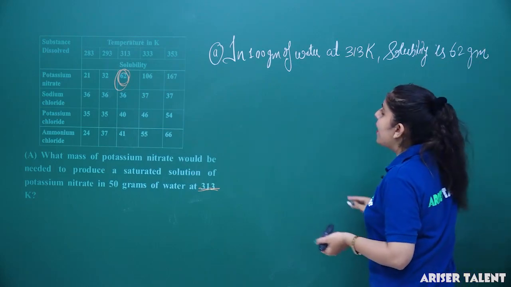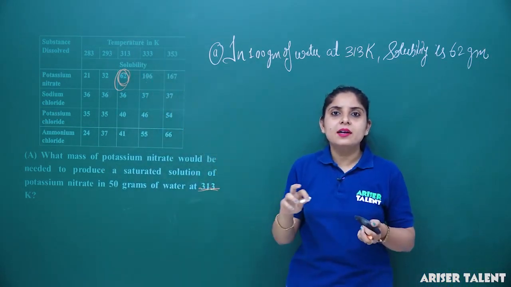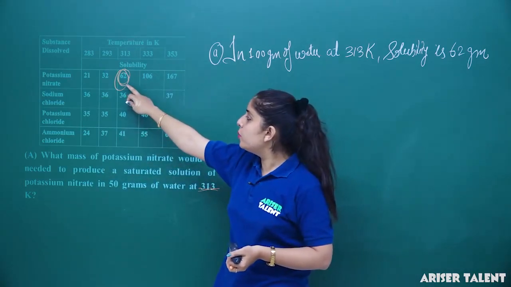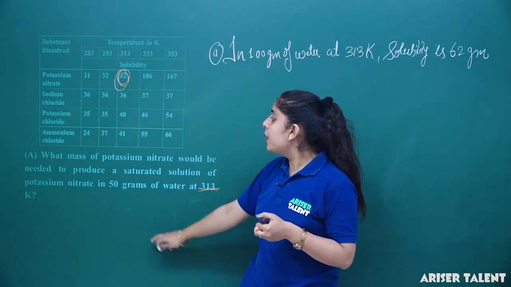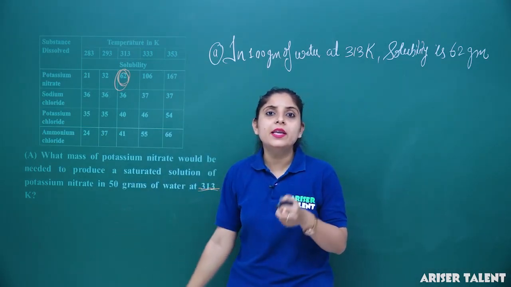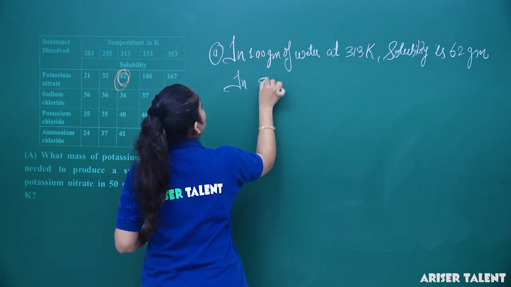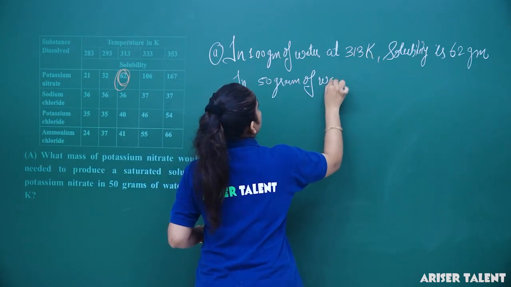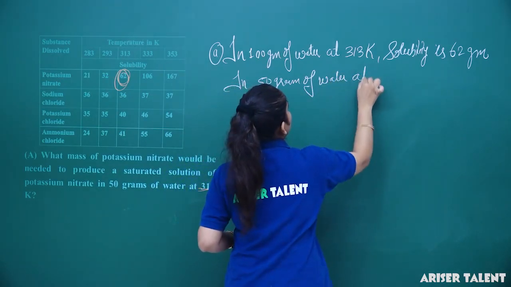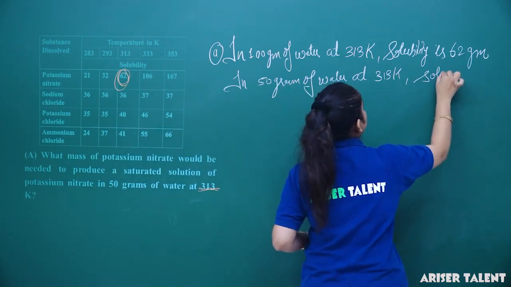So you can see that in 100 gram of water at a particular temperature of 313 Kelvin, you are getting the solubility that is 62. Now what we have to do, we have to identify the solubility in 50 gram of water. So similarly, in 50 gram of water at 313 Kelvin, what will be the solubility here?